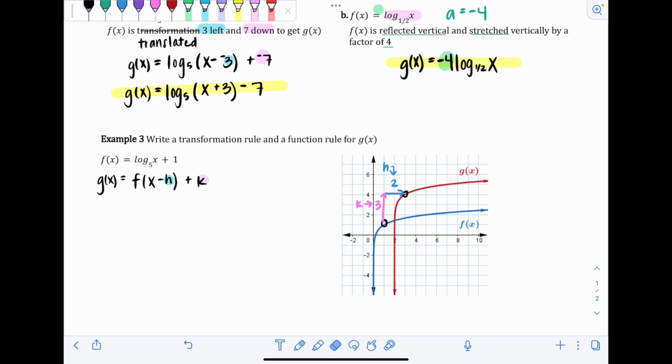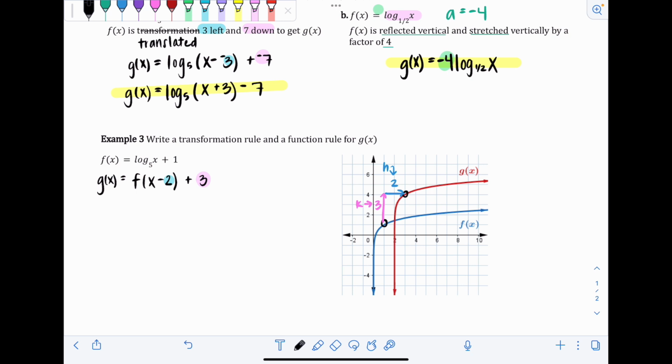In my function rule, I'm going to take out h and k and put in the actual values for them. We're going 2 to the right, so h would be 2, and we're going 3 up, so I'm going to put in a 3 for k, so it'd be plus 3. What this is reading as is g of x equals f of x minus 2 plus 3.